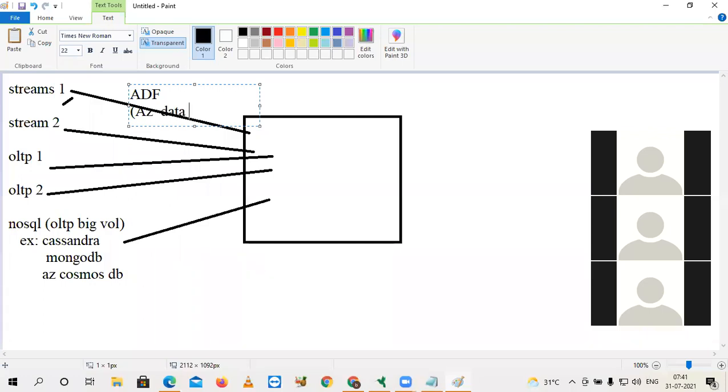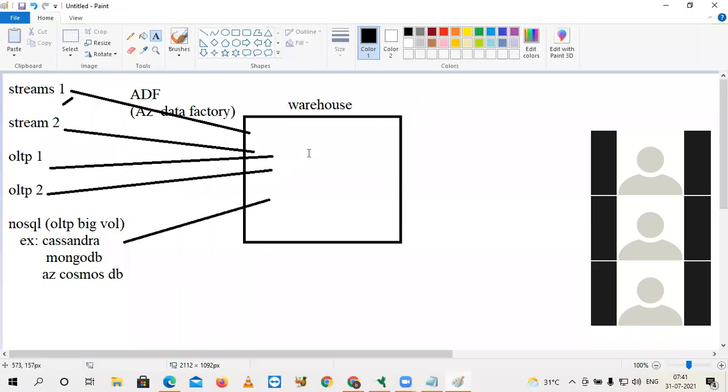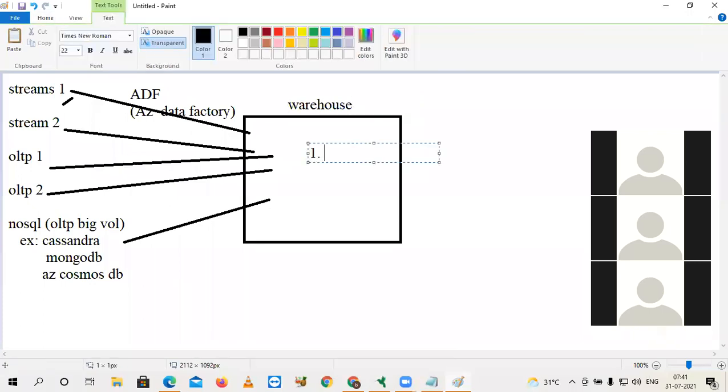Azure Data Factory can be used as an ETL tool. But in place of the warehouse, I have two products here. The first is Azure Data Lake, and the second is Azure Synapse.